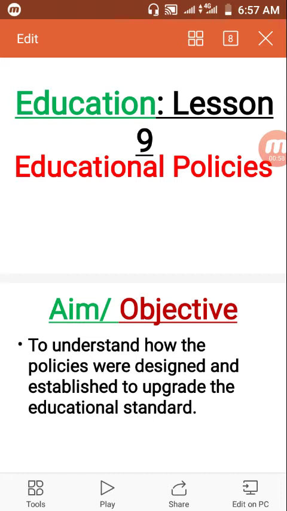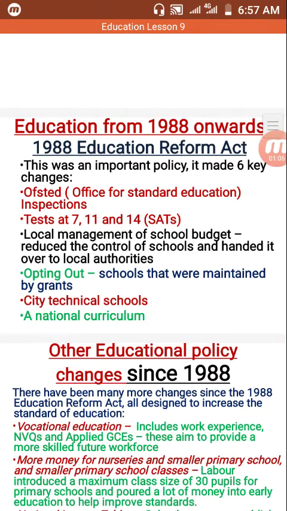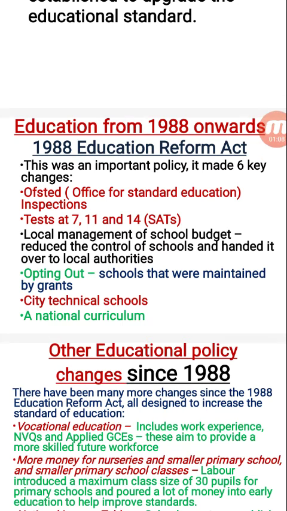The parliament brought changes, and that is Ofsted, the Office for Standards in Education, which they introduced especially for inspections. Parliamentarians and highly official people can visit the schools and inspect what kind of education teachers are imparting to the kids. Then they introduced the test system for 7, 11 and 14-year-old kids, and that's called SATs.